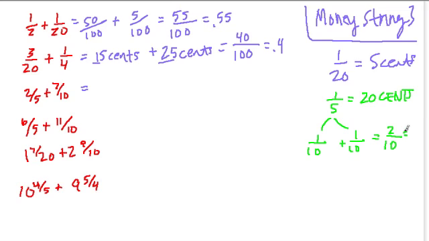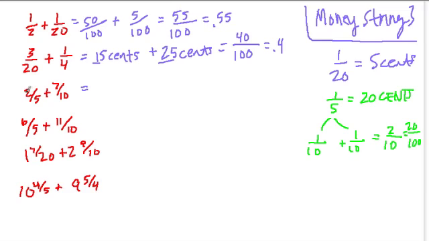And that's like saying 20 out of 100. And 2 over 10 is the same thing as 1 out of 5. We can think about that in many different ways, but I just think that 1 goes into 5 times, 2 goes into 10 5 times, so these two fractions are the same. So this is in fact 20 cents, or 2 dimes.